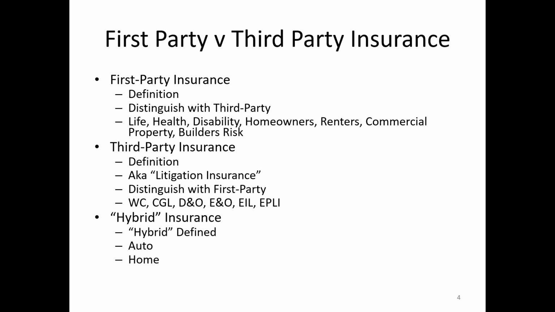And then there are some policies that are hybrid, in the sense that they provide both first party and third party benefits. An auto policy, as you know, is a liability, third party policy that provides coverage for claims made against you in operation of your vehicle, but it also has uninsured and underinsured motorist coverage.